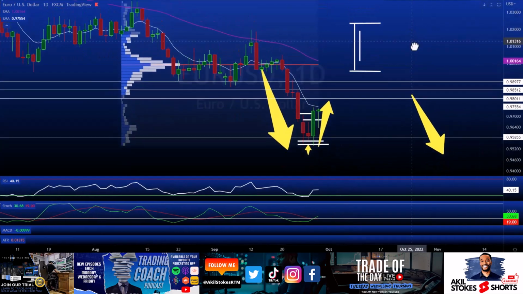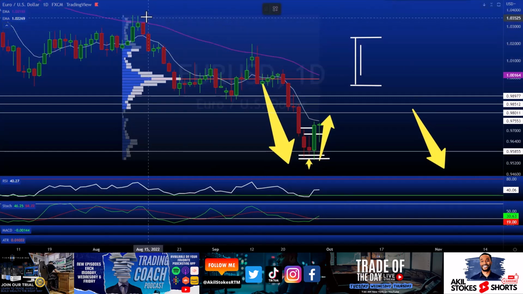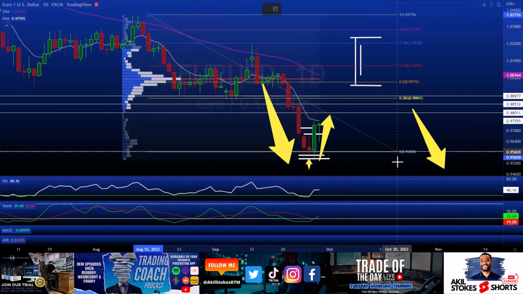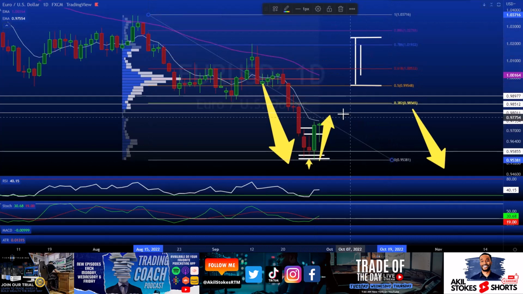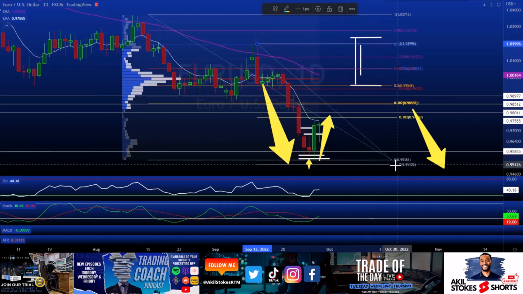We can take our Fibonacci retracement, swing high to swing low. Got a 382 right in the middle, 98.55. 50%, a little bit higher, right? Volume spike between the 50% and the 618. Let's take a Fibonacci retracement from this most recent swing as well.